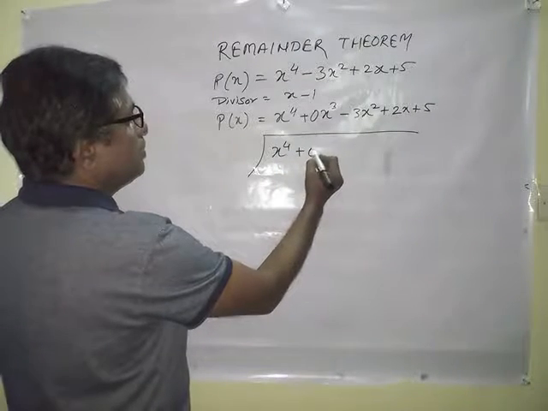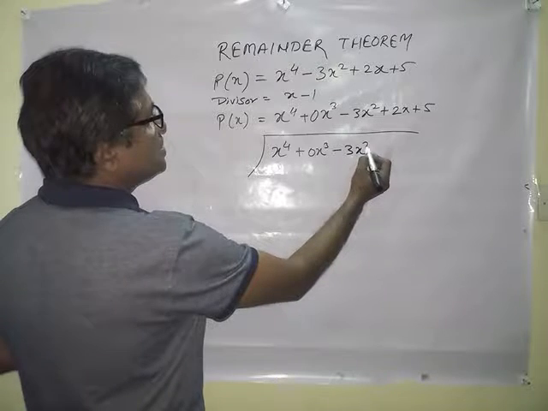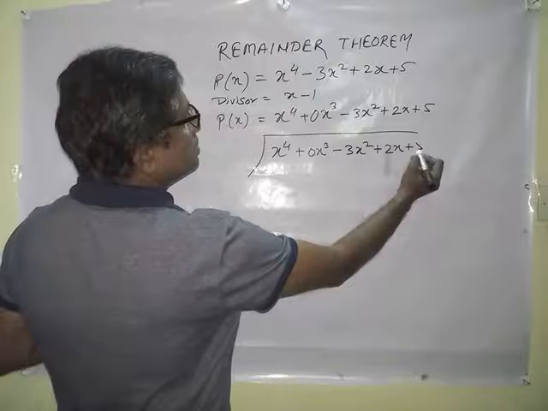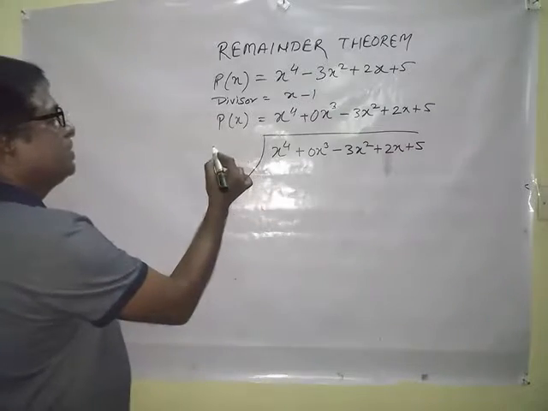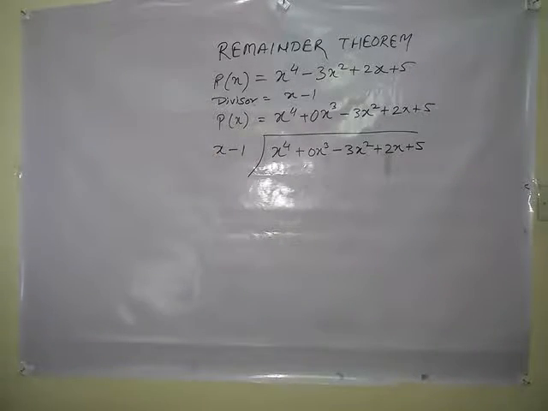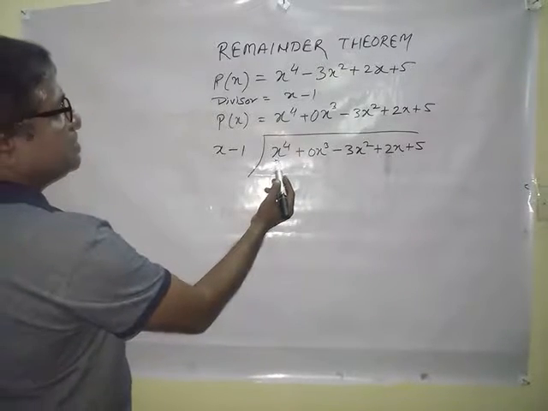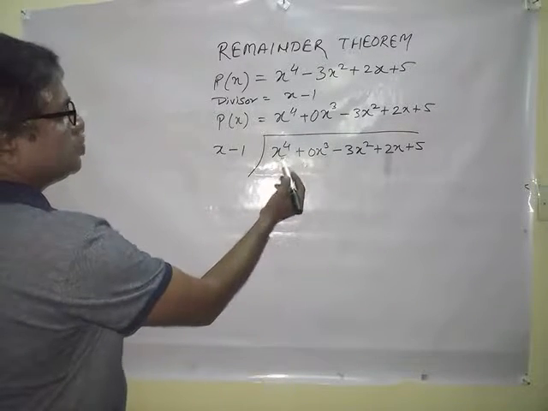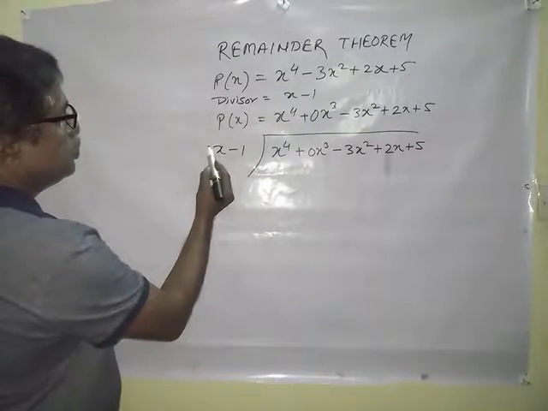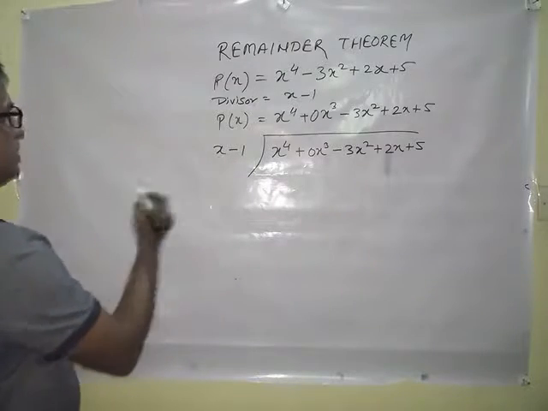x4 plus 0x cube minus 3x square plus 2x plus 5 divided by x minus 1. In last classes you have seen this x raised to power 4 divided by this, you will get x cube. So multiply x cube into this equation.